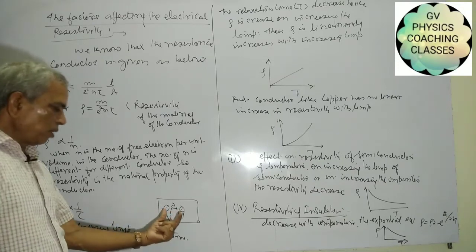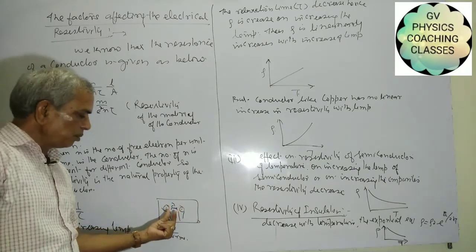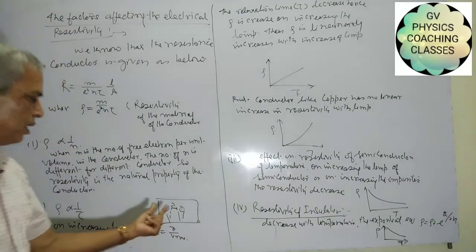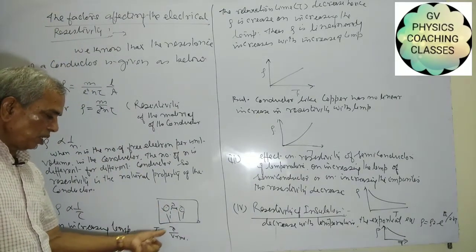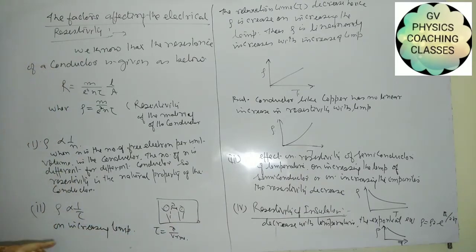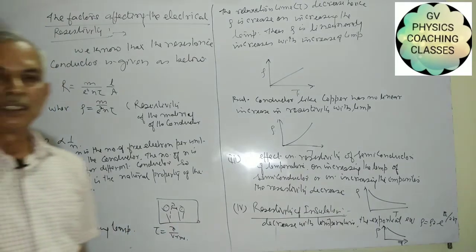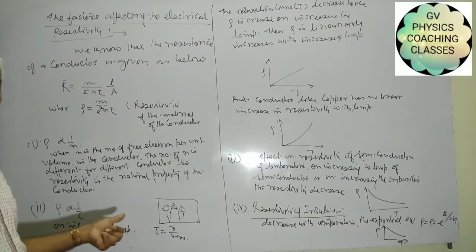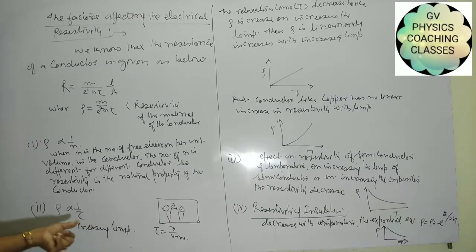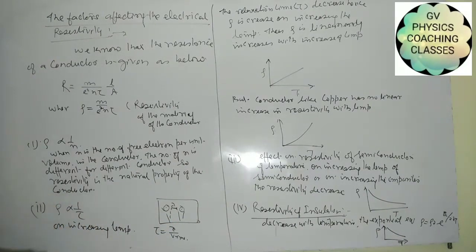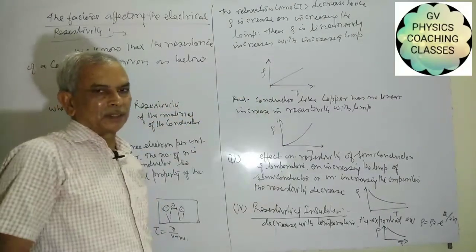As the temperature increases, the distance between the two atoms or the mean free path decreases, hence tau equal to lambda upon v rms also decreases, hence the resistivity is directly proportional to the temperature. On increasing the temperature, the relaxation time decreases, hence the resistivity increases, and the graph is linear to the temperature.